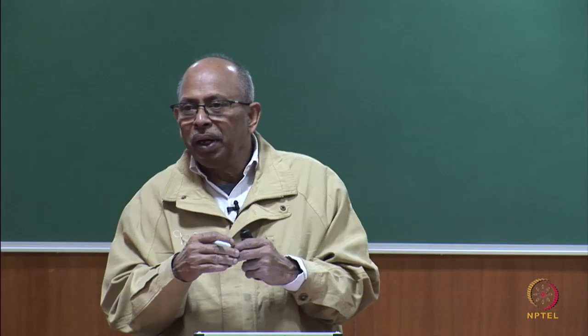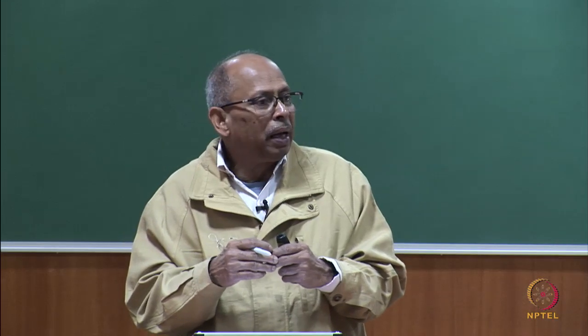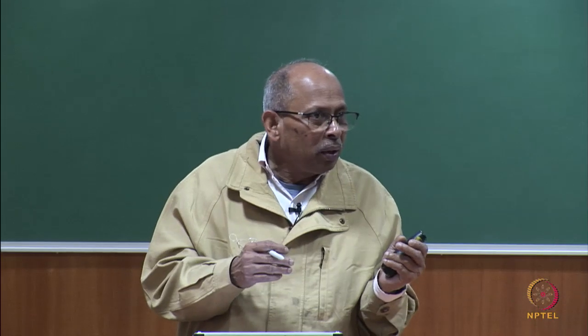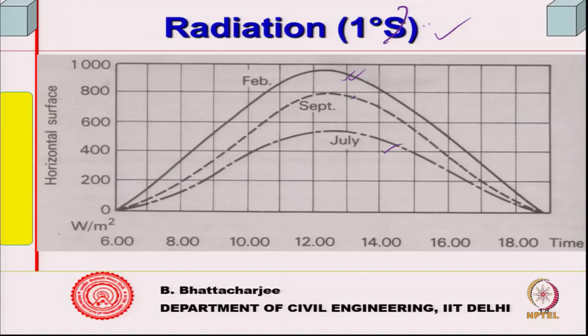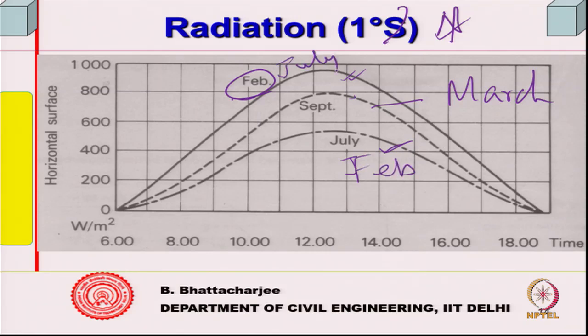In the southern hemisphere, the sun banks on the northern side. Now, if I change this to north, February will become September, September will turn to March, July will be somewhere during January or February, and this will be more of July or June. So, this will change in this manner.